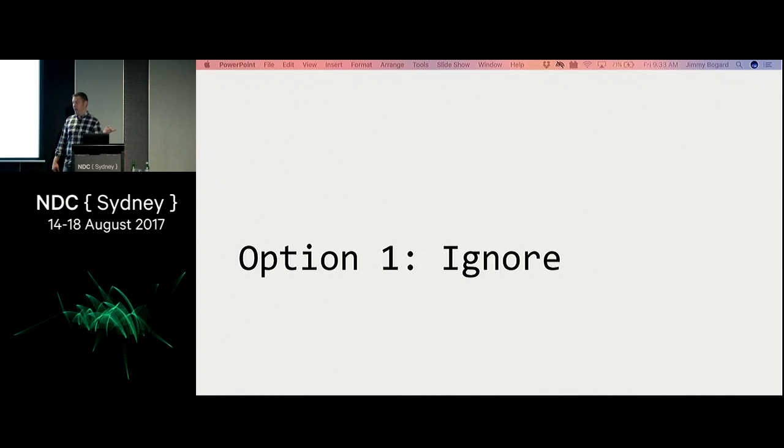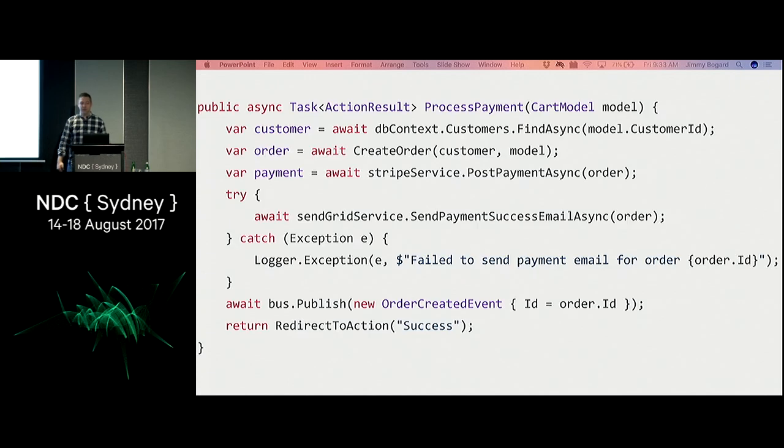Probably not. I'm probably like, well, we took your money. You'll probably get an email sometime in the future, but I'm not going to not take your money just because I can't email you. Do we really want to tie the uptime and business ability to conduct business to a third-party email service provider? Probably not. So ignore could be a valid option for us.